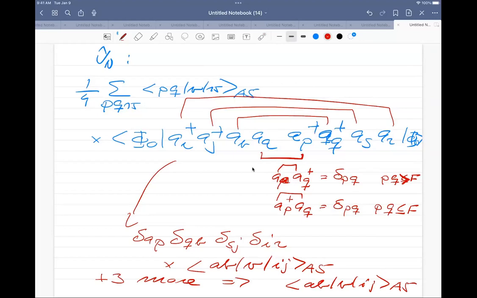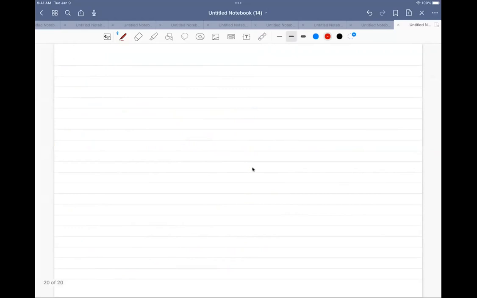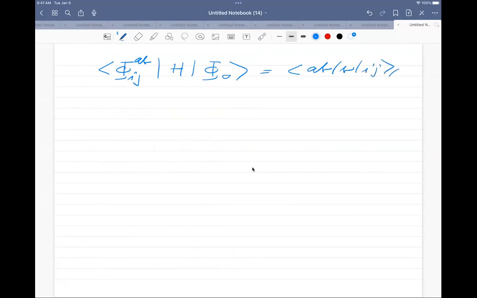This is the only term which survives. So if we summarize, when I calculate this specific expectation value, with H taking the vacuum to a 2-particle, 2-hole state, this kind of transition probability is simply going to be given by <AB|V|IJ>, anti-symmetrized.